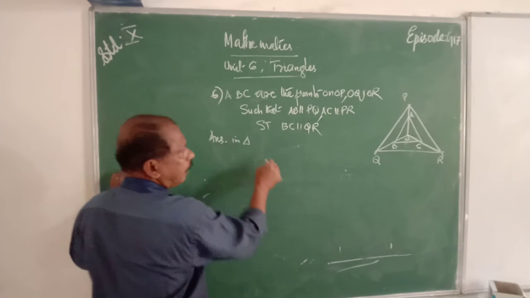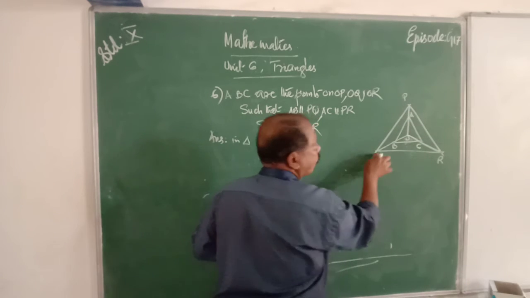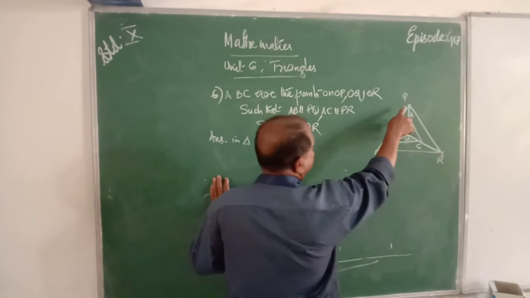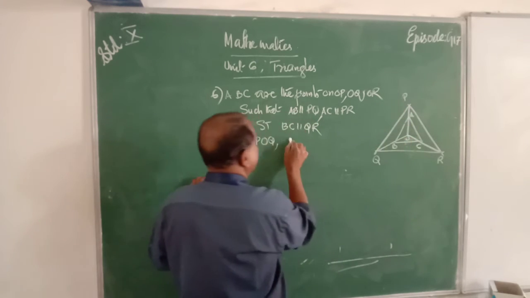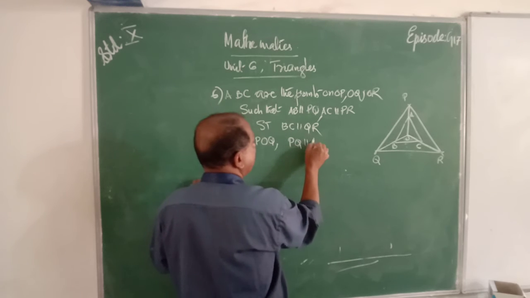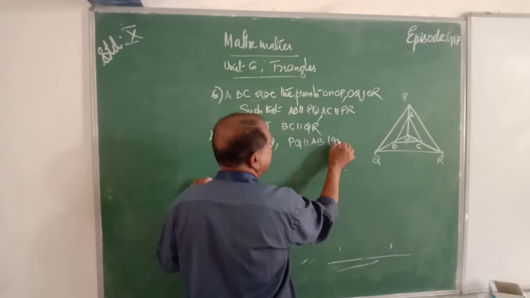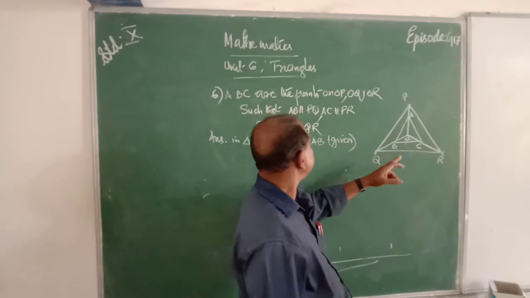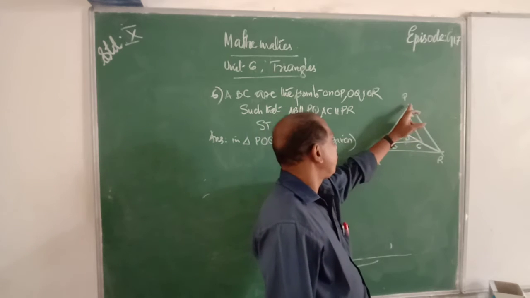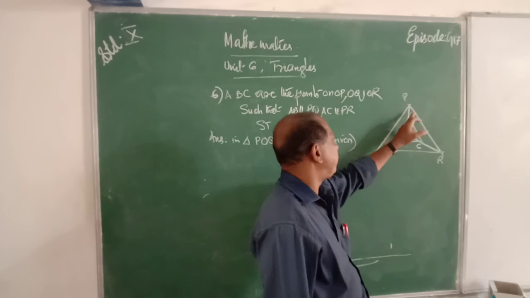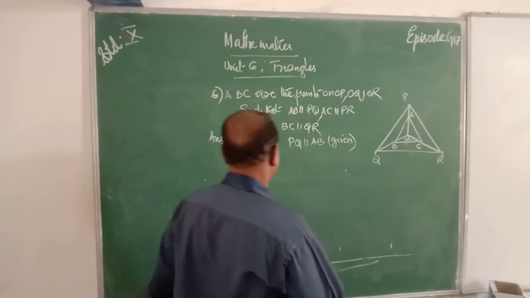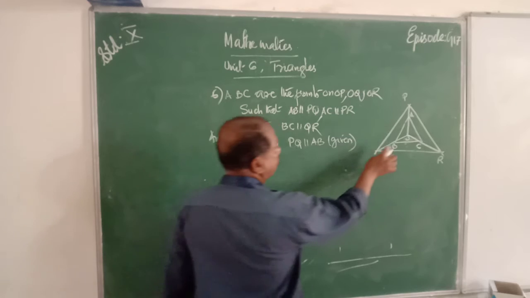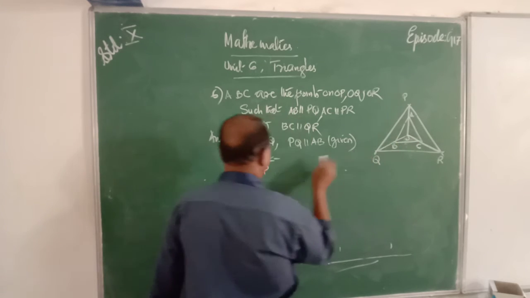In triangle POQ, PQ is parallel to AB. That is given. Therefore, OA by AP is equal to OB by BQ.